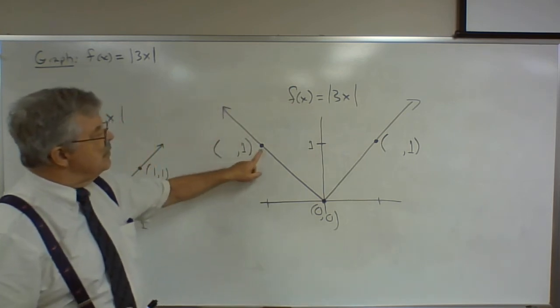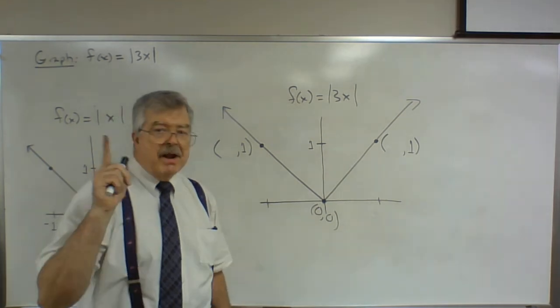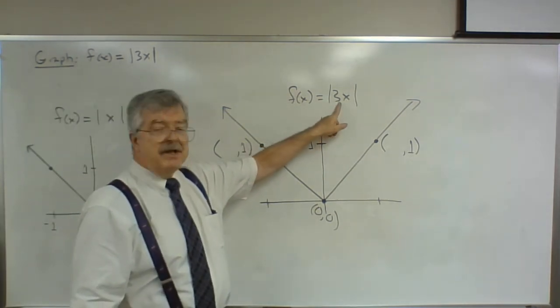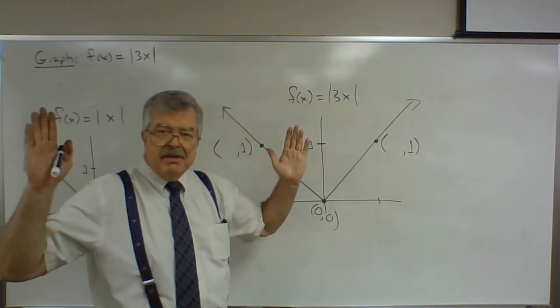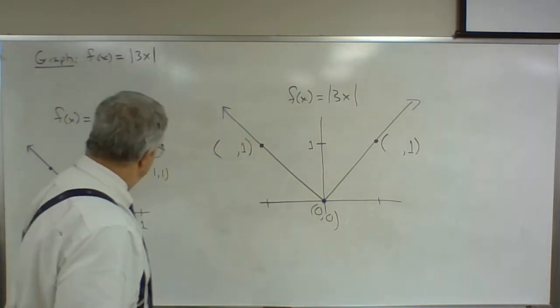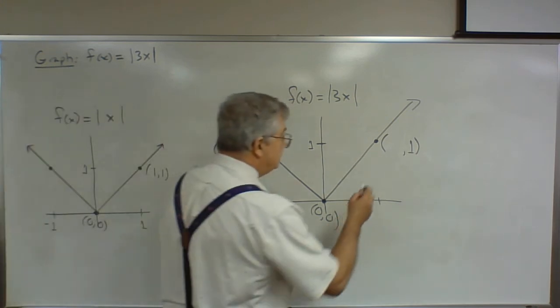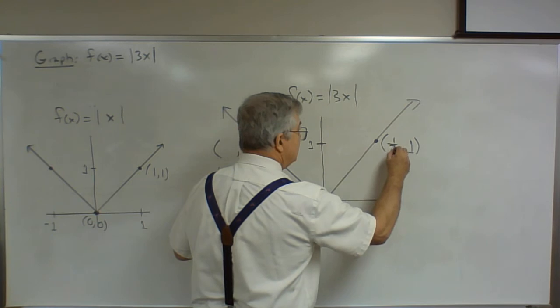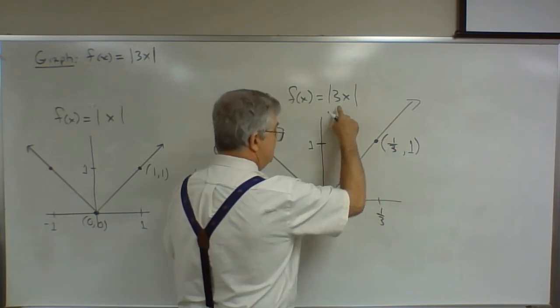I don't know what the x-coordinates of these points are, but I do know that putting a 3 here inside the function compresses the graph by a factor of 3. So if the x-coordinate of the corresponding point in the original graph is 1, I expect the x-coordinate of this point to be 1/3, 1 over that number.